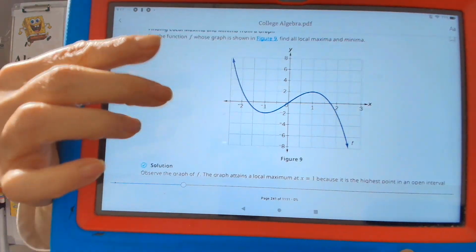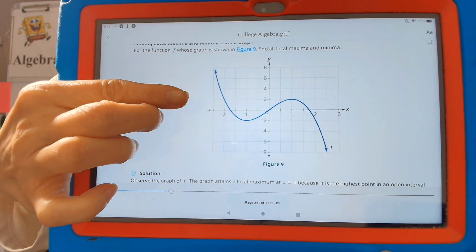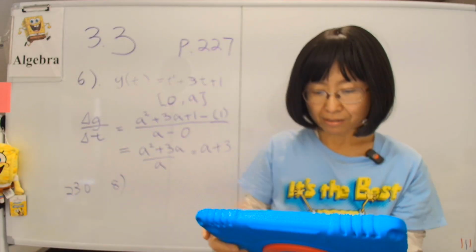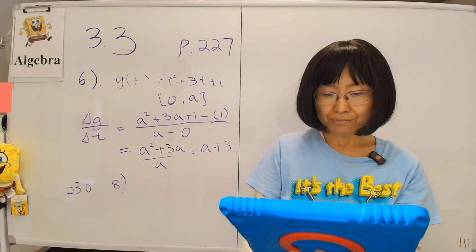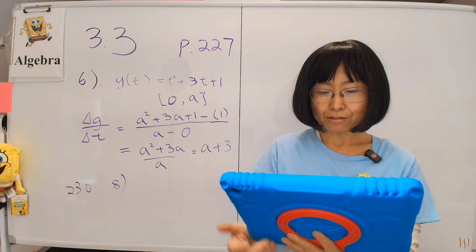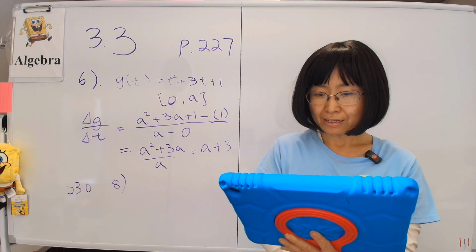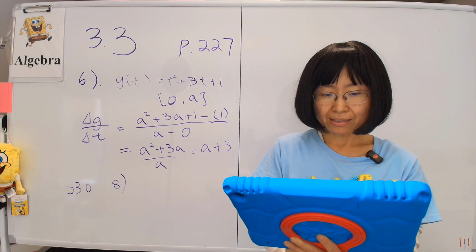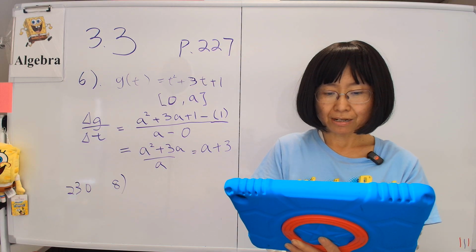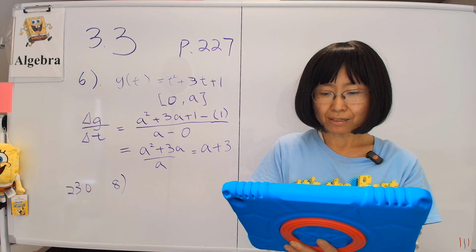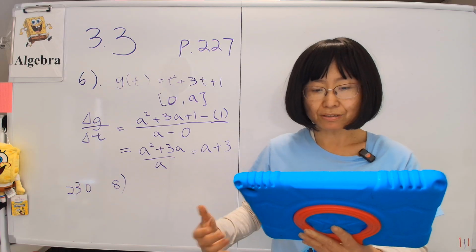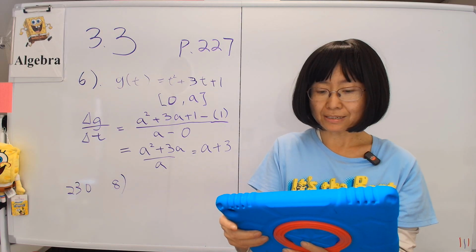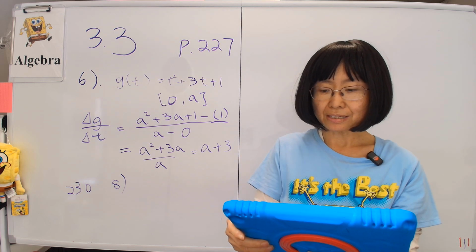On the other side, at x equal to 1, there's a local maximum at 2, and that is the answer. So the local minimum is at x equal to -1, with y equal to -2, and of course the local maximum is at x equal to 1, and the y value is 2, and that is the maximum value. All right, so that's that.